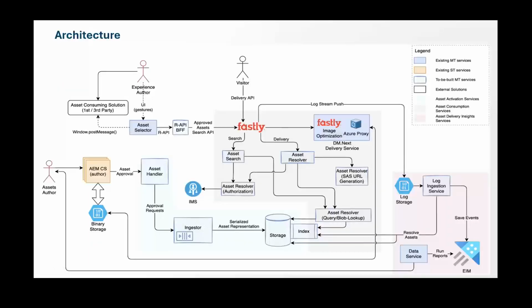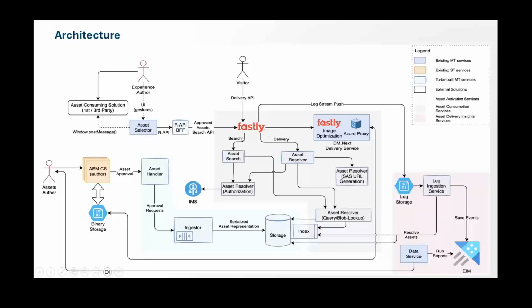Through IMS, it will authenticate all those user information, and once they are authenticated, only then can they see the gated content or any asset which has restrictions. So this is how the overall flow works.